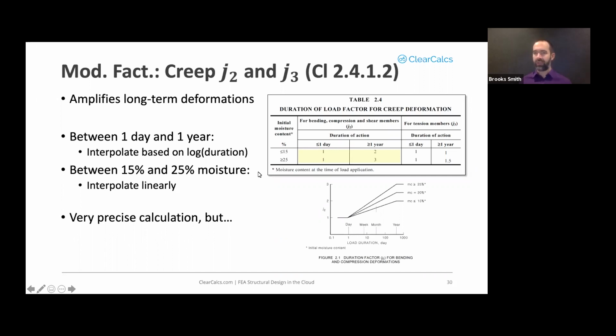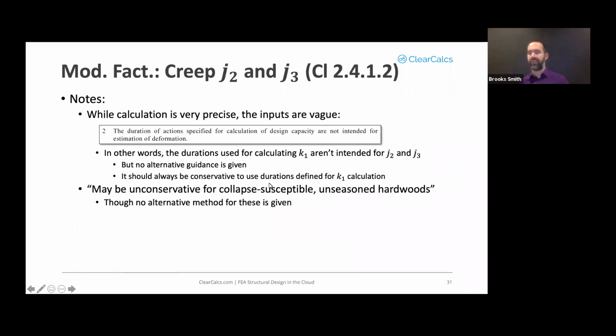Unfortunately, while that calculation is very precise, the standard's actually pretty vague about what the inputs are supposed to be. One note I'll call out in particular is that it says the durations of action specified for the calculation of design capacity aren't intended for deformation.